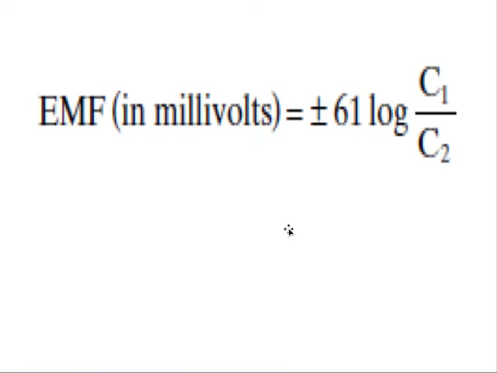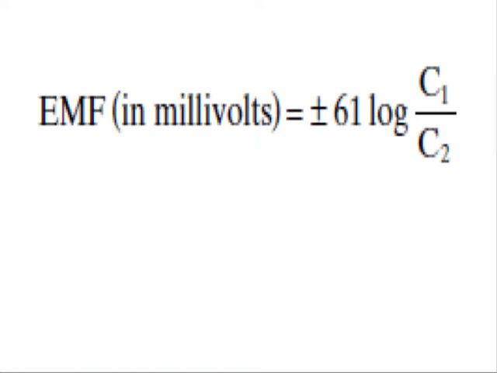So how do we calculate this Nernst potential? For that, we use this Nernst equation, in which this EMF stands for the electromotive force between side 1 and side 2. And keep in mind that the Nernst potential is maintained at the normal body temperature of 37 degrees centigrade.